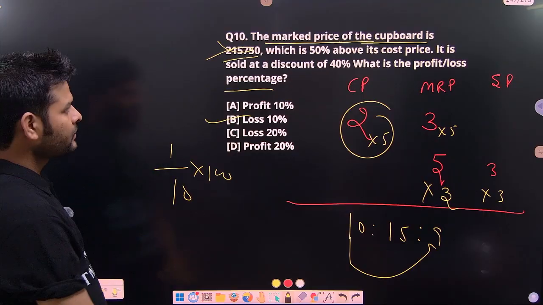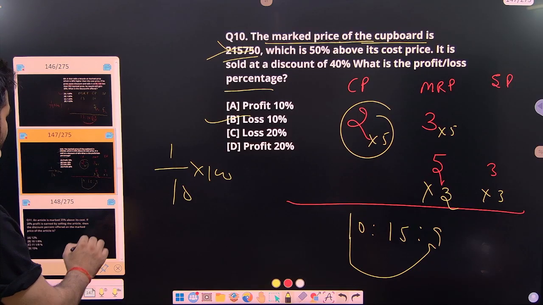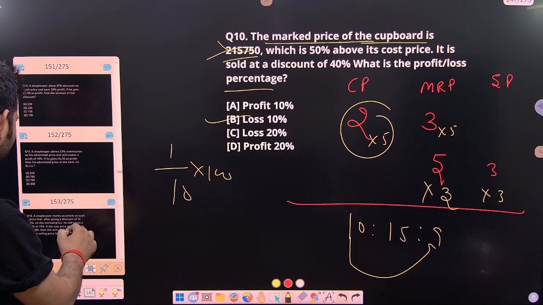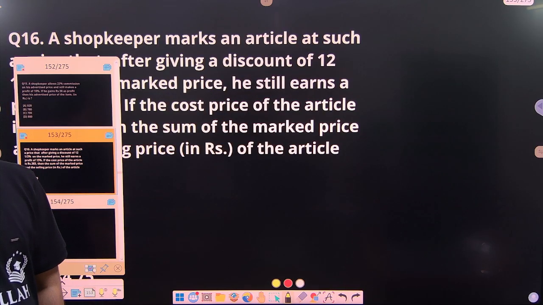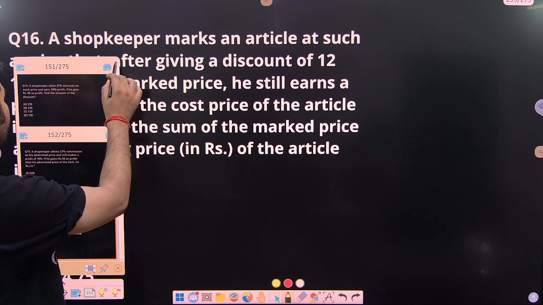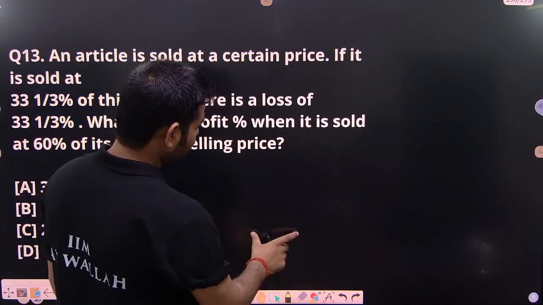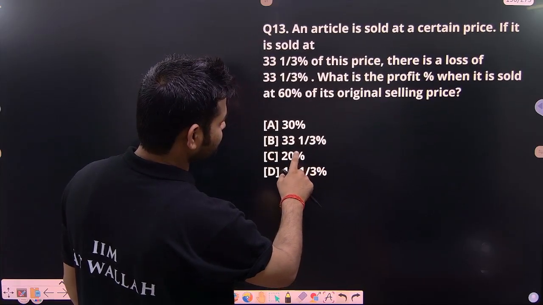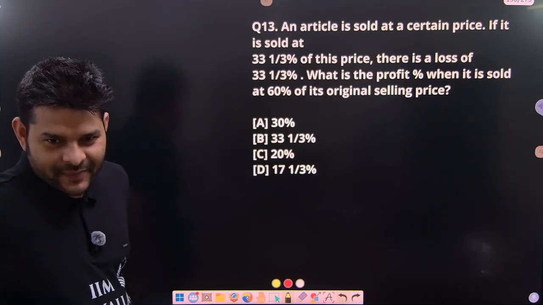13 of the same type. 13 or 16? 13. Hey guys, 13. It was better for me to concise the PDF. Really, it was better for me to concise the PDF.